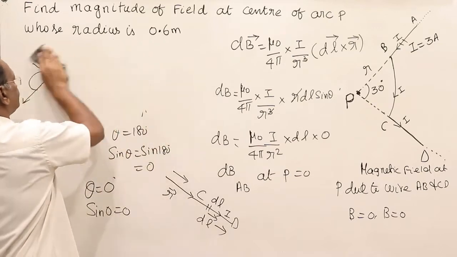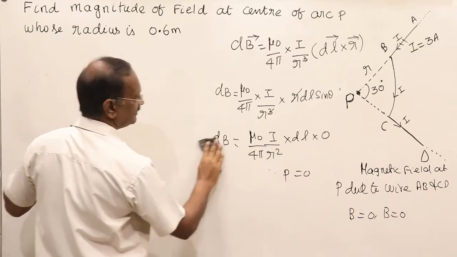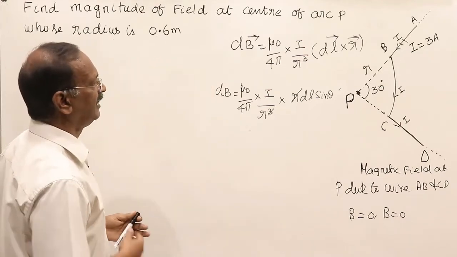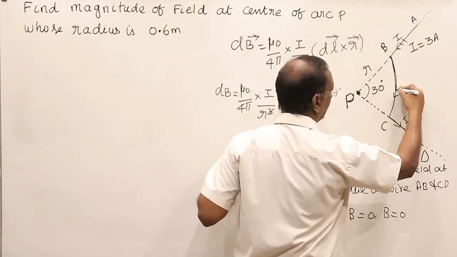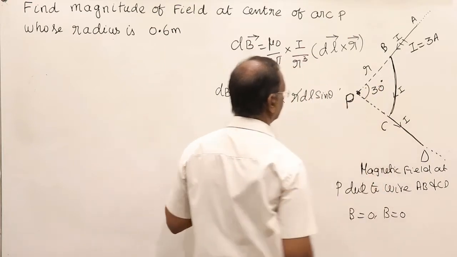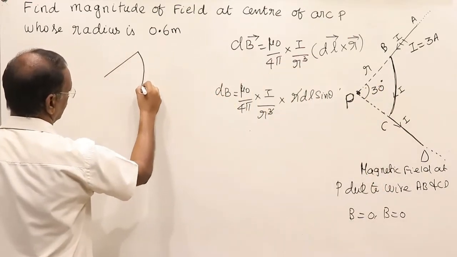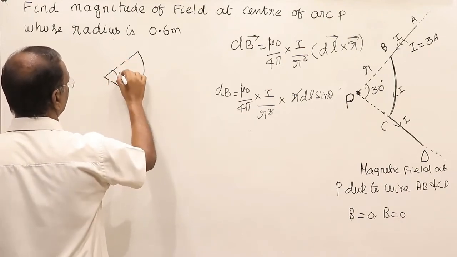Now we will see the portion BC. For portion BC, this is an arc which is subtending an angle of 30 degree with the center P. So we can take it like this. This is the arc subtending an angle of 30 degree.